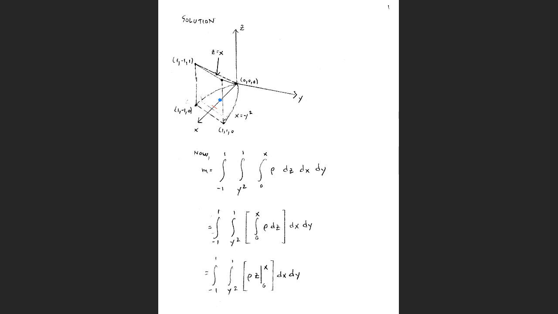So why would X bar, which is 5/7, be past the X equals a half value? Why would X bar be greater than 1/2? That's what I'm trying to say, based on the solid.